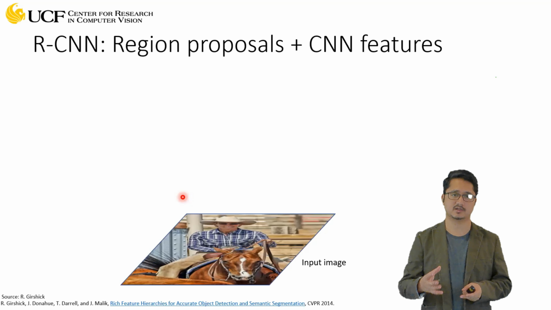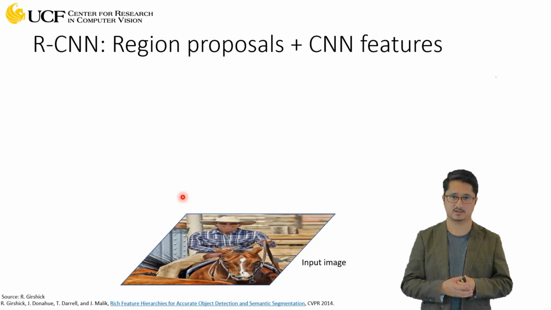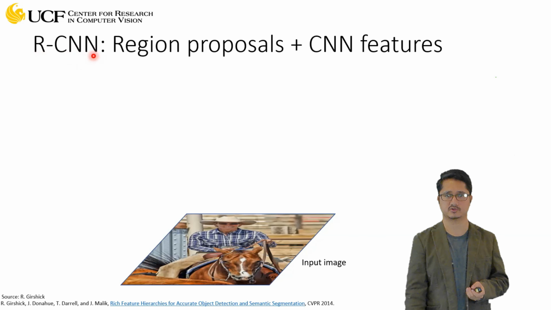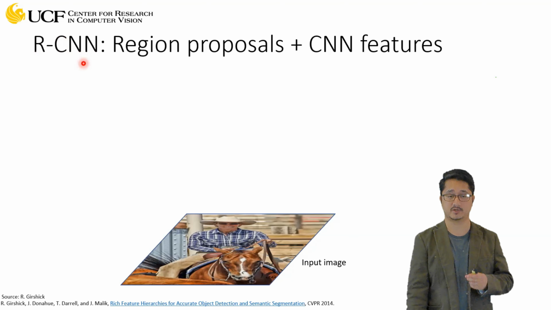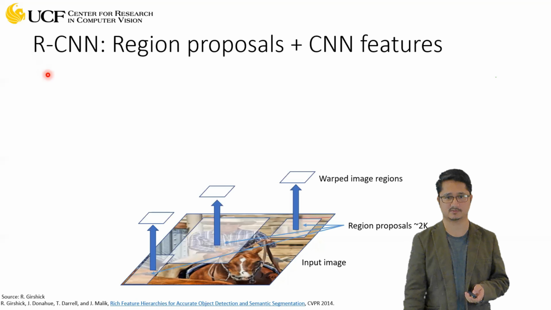Now let's try to understand how that can be used in this deep learning kind of architecture. And of course, there are some limitations which we'll cover later on. So this architecture is called RCNN, and R is for region proposal network, and CNN is for convolutional neural network. And CNN is because we are using features which are extracted by CNN architecture, and R is because we are using subsampled region proposals.